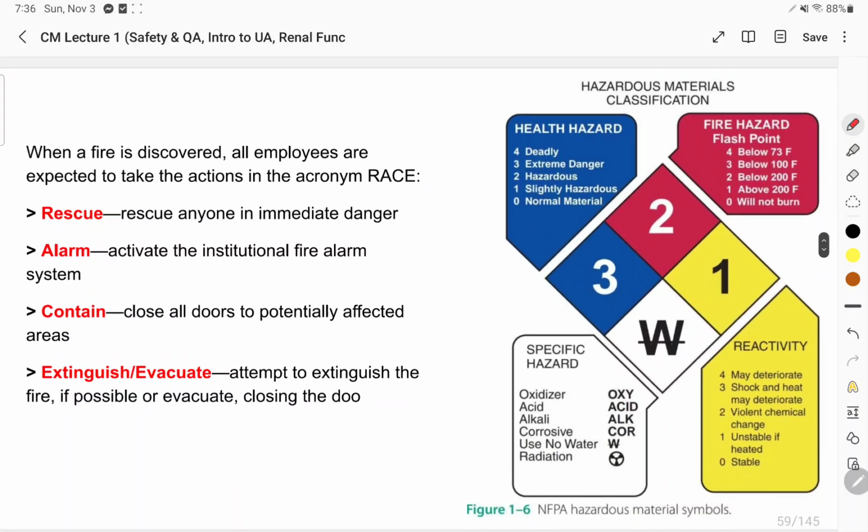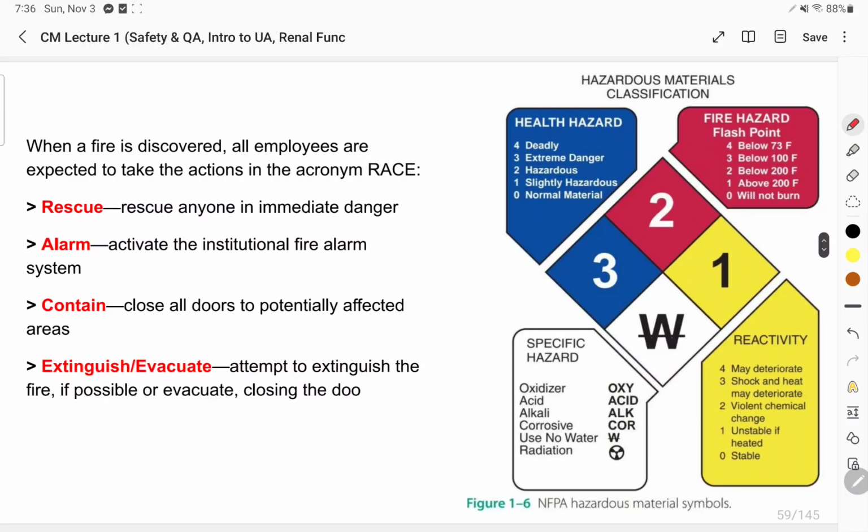And also, we have here your NFPA hazardous material symbols. So please take note of this also. These symbols: yellow, red, blue, and of course your white. So yellow 1, red 2, blue 3, and a special symbol for your white. Okay, so yellow is for reactivity, red is for fire hazard, blue is for health hazard, and white is for specific hazard. So reactivity is more on the chemicals.